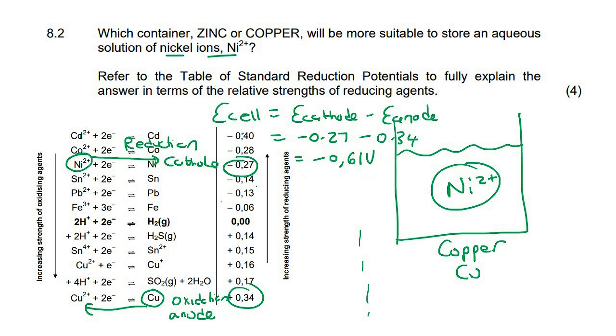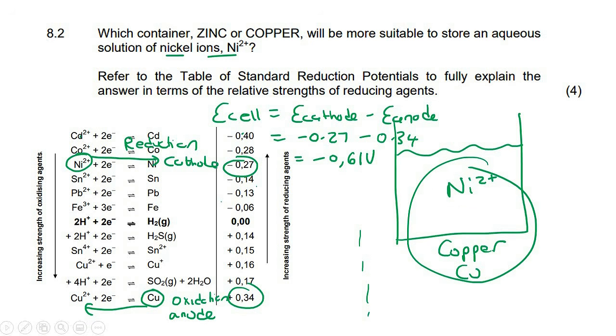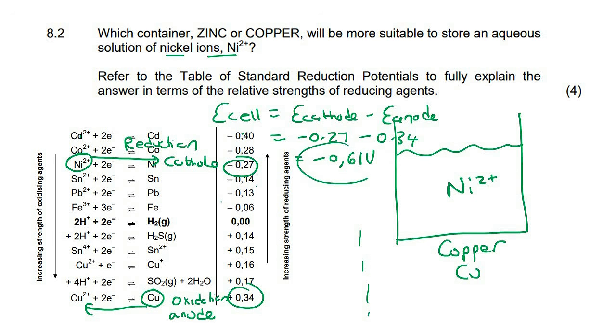What that means is that this reaction will not take place spontaneously. So if you wanted to store your nickel solution in a copper container, that would be a very good idea, because the reaction will not happen by itself. It's got a negative value, meaning that this reaction is non-spontaneous, so it won't naturally happen.